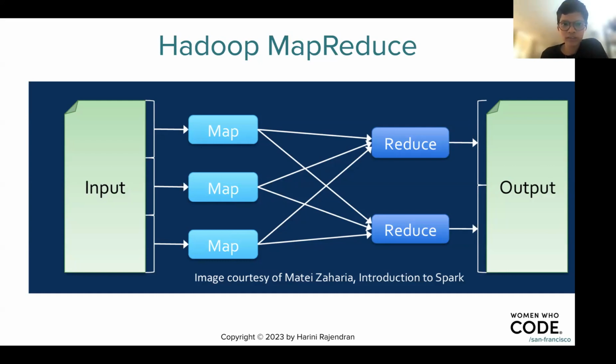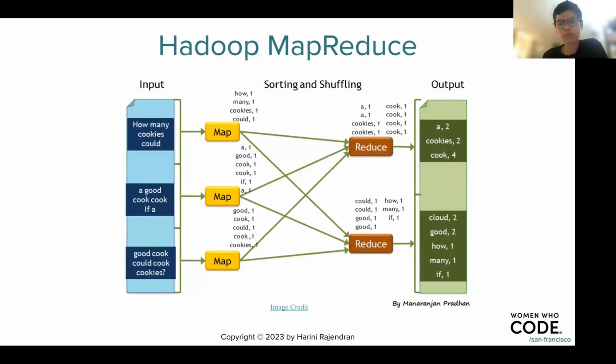To give a concrete example for the Hadoop MapReduce framework, let's take the same word count example. Let's say we have a file which is multiple terabytes or petabytes in size, and we want to count the number of times each word occurs in that huge file. Let's say we have split that file into 3 chunks, and we give each chunk to one map program.